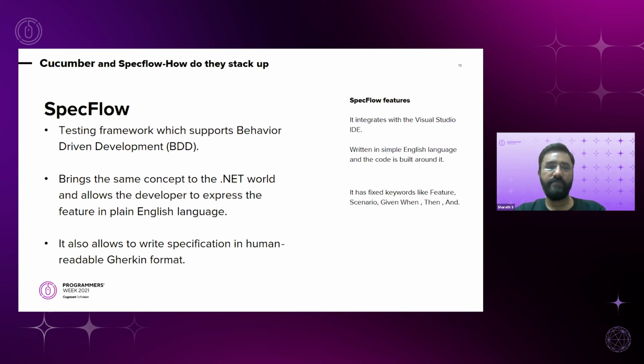The only difference I feel is it's basically a part of the .NET world. Again, it is also similar to what we have in Cucumber. It allows us to write specifications in human readable Gherkin format, similar to what we achieve in Cucumber.